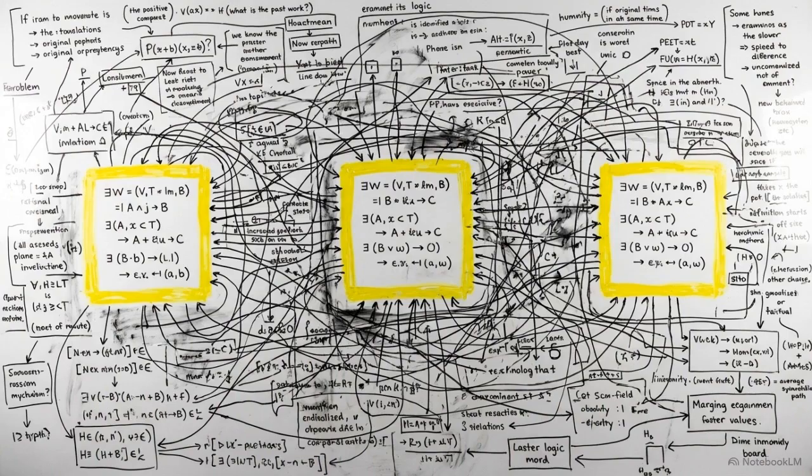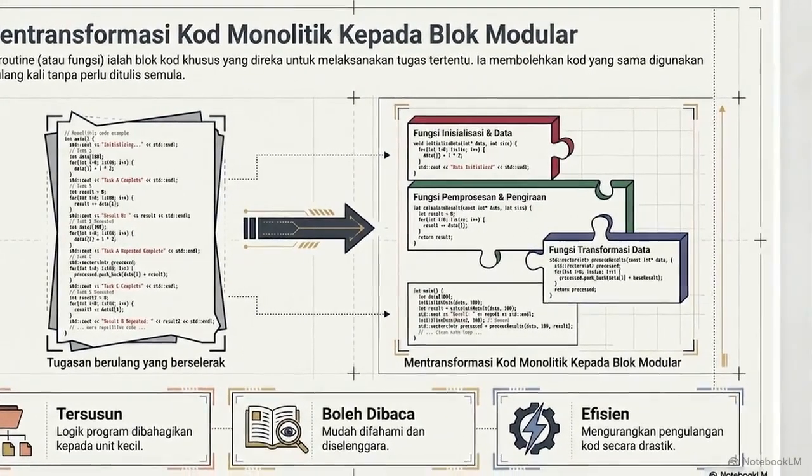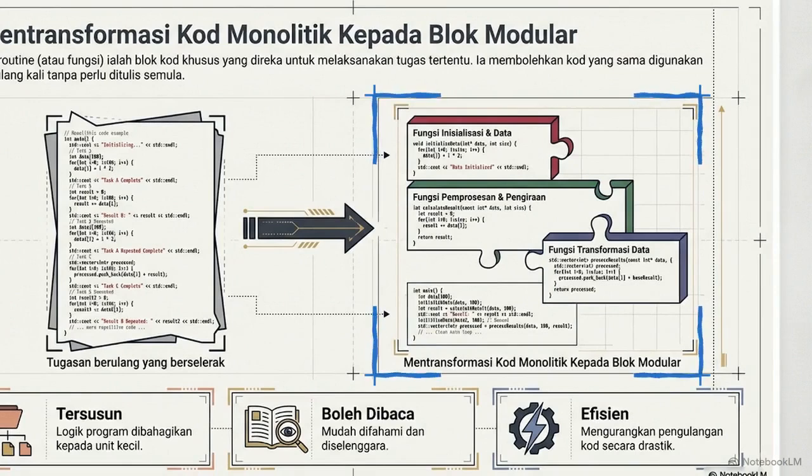To modularize a program, developers first scan their existing codebase to identify any repetitive logic patterns that can be extracted. Looking at this diagram on the left, we see a monolithic code block. The highlighted sections represent redundant logic scattered throughout. By shifting right, we see those redundancies extracted into distinct modular puzzle pieces, functions dedicated to initialization, processing, or data transformation.